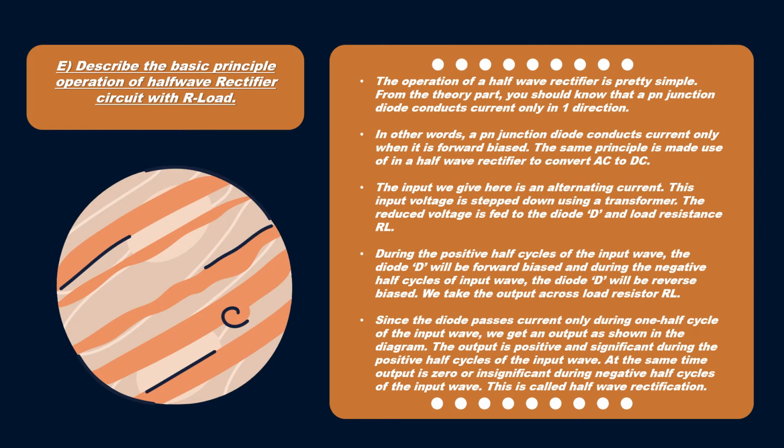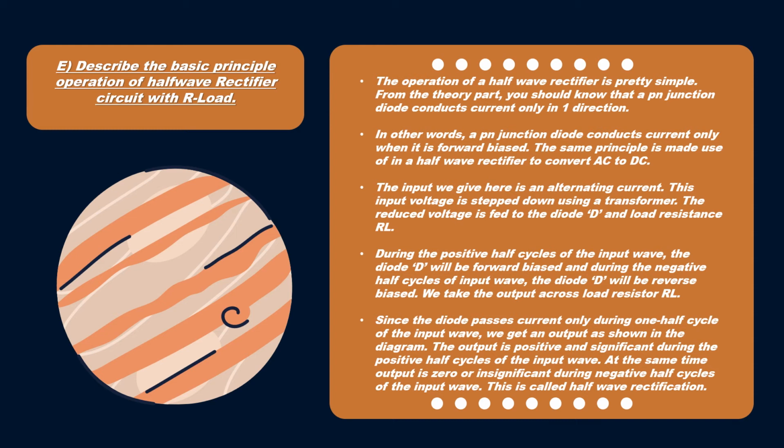And then we go to the next question, E. Describe the basic principle of operation of the half-wave rectifier circuit with R load. Point 1. The operation of a half-wave rectifier is pretty simple. From the theory part, you should know that a PN junction diode conducts current only in one direction. In other words, a PN junction diode conducts current only when it is forward biased. The same principle is used in a half-wave rectifier to convert AC to DC.